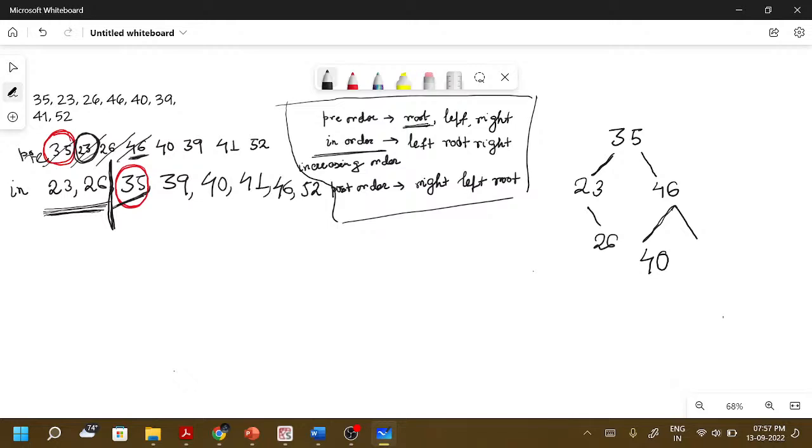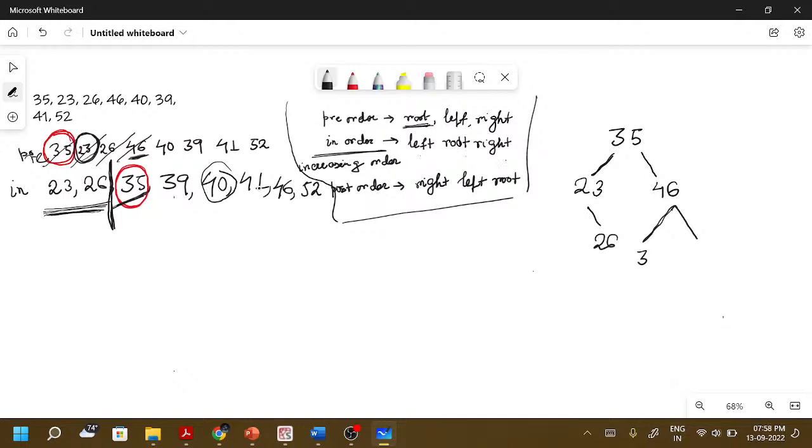So now from the 40, this is my left and this is right. What I have to see here is that we have to consider two things. My next root is 40 and 39. If 40 is a root, then my in-order orientation is left, root, right.